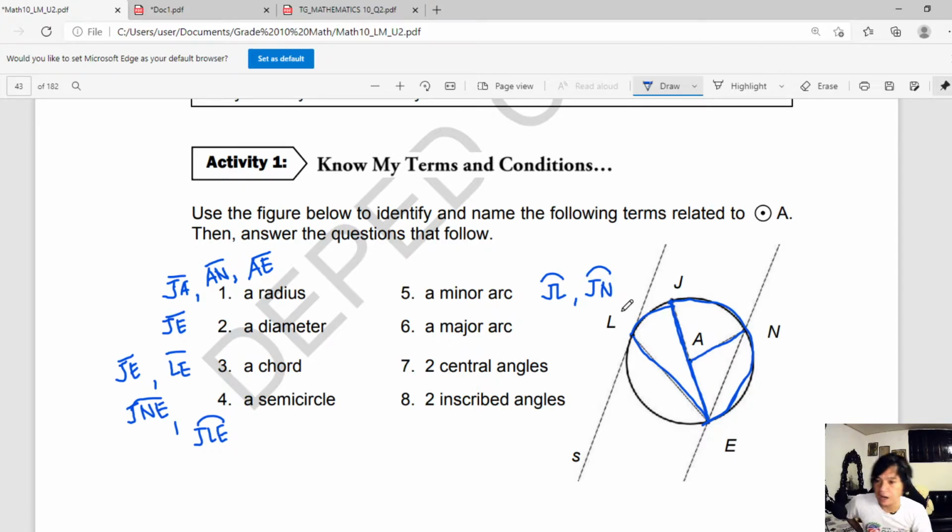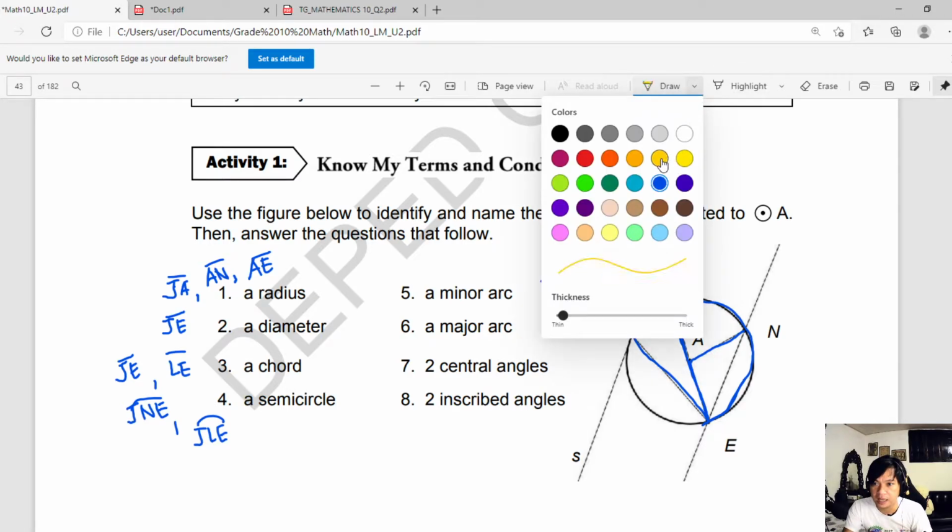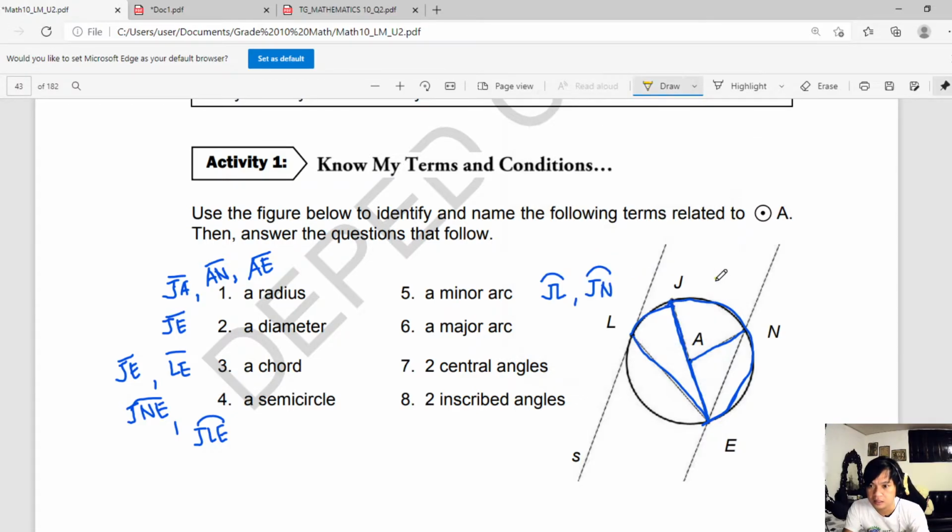A major arc, pwedeng JL, ito J. Let's try another color. We'll try yellow. So J, L. Huwag tayo mag-stop dito kasi kung mag-stop tayo sa E, it's a semicircle.